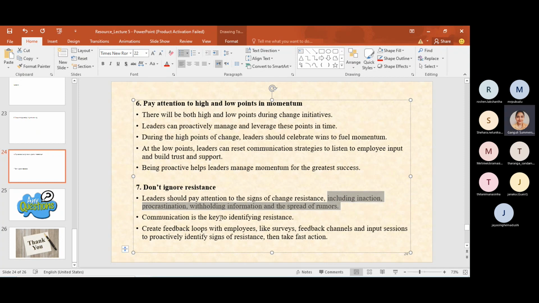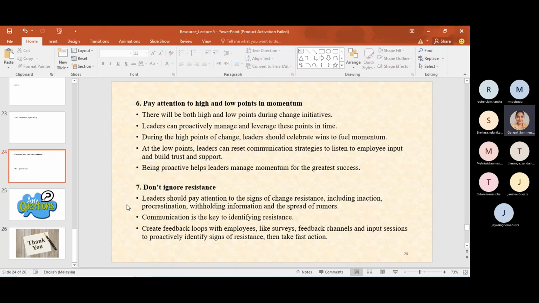Once you identify the signs of resistance, you have to take fast action, because if you do not, the employees will keep being inactive, keep procrastinating, and keep spreading rumors. So this is another strategy to manage the impact of changes.